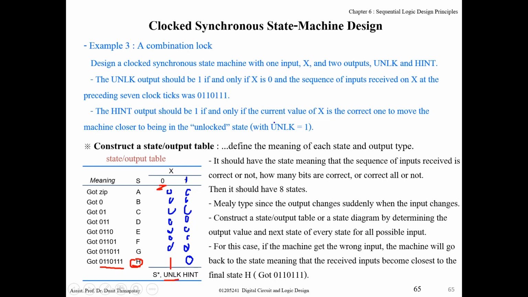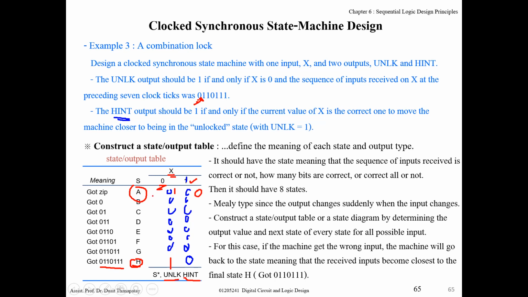And what about hint? Hint, as the name suggests, is a hint. For example, at state A, if the user applies X as 0, it is correct for the first digit of the password. So when you apply 0 at state A, hint will be 1. But if you apply 1, hint will be 0.